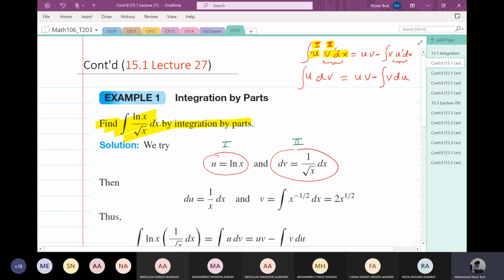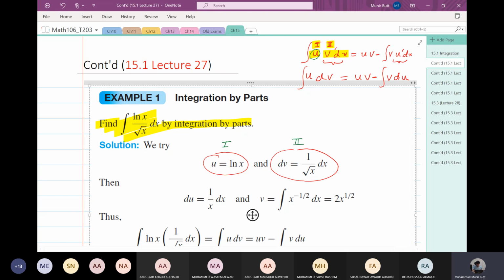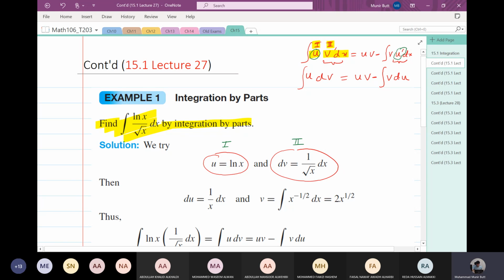Because for the first function we need the derivative here, and for the second function we will need the integration, because this v we integrate and we will get this v. So this is the idea of selecting the u and dv.